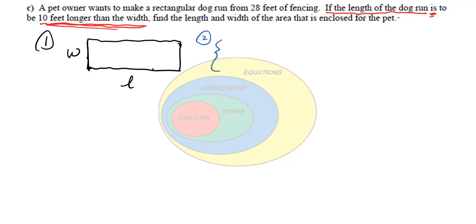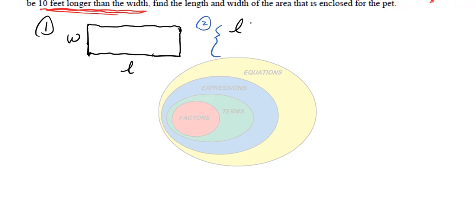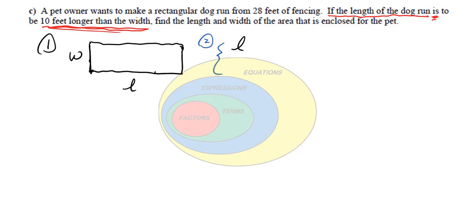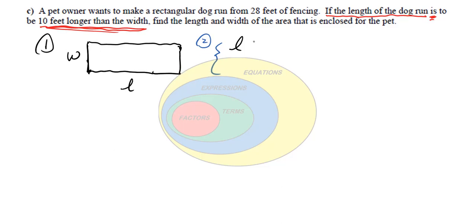So the length, which is L, is supposed to be 10 feet longer, so I'm going to add 10 to the width. So that's one of the relationships.